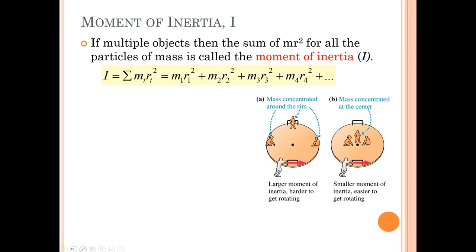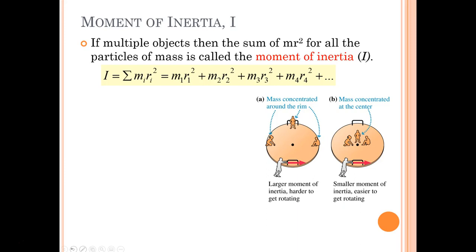The last thing I'm going to talk about now is the moment of inertia, or what's the difference between the moment of inertia and the rotational inertia? Well, if you have multiple objects, whenever you add up all of those objects' rotational inertias, you get what you call the moment of inertia.